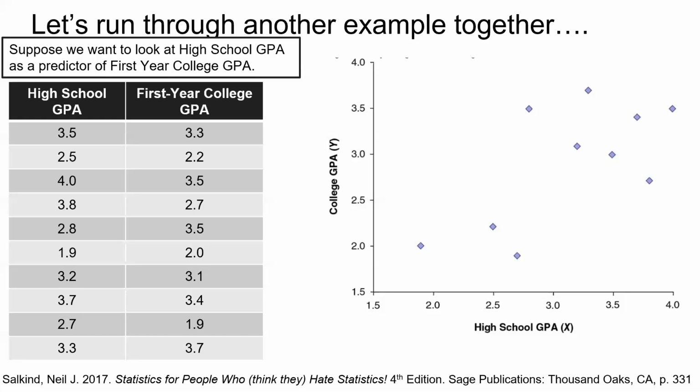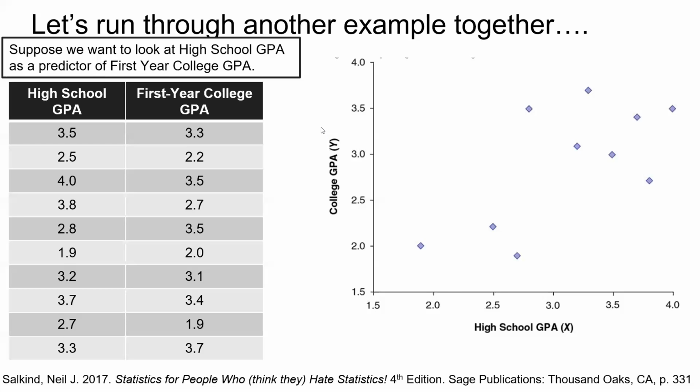What we have here are data from 10 students about their high school GPA and their first year college GPA. On the right, we have the scatter plot of the data, and each diamond represents an individual student's responses to those two questions and how those intersect. So we have high school GPA as our x-axis, our independent variable.